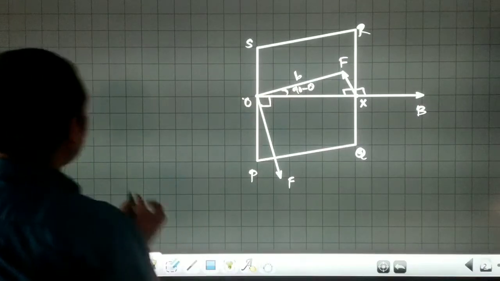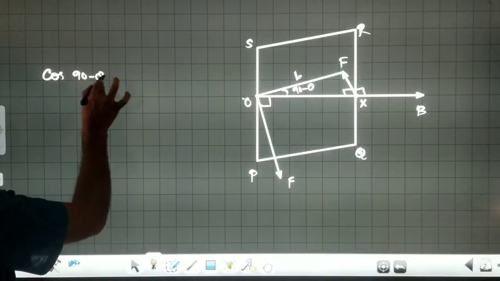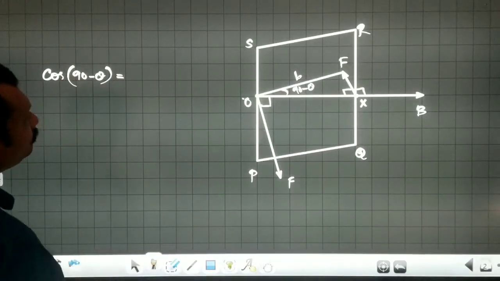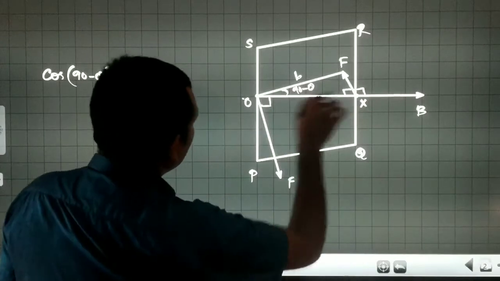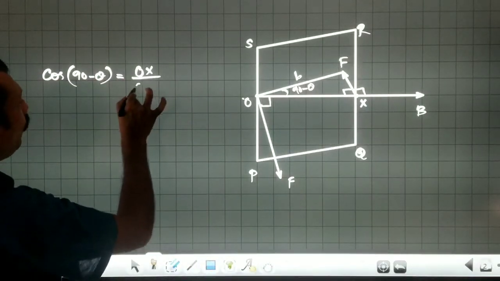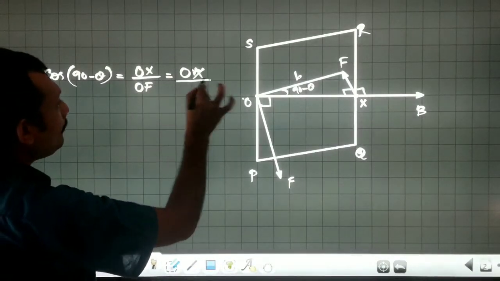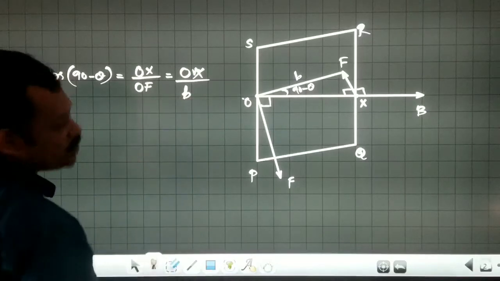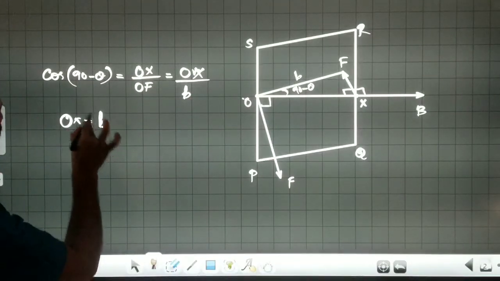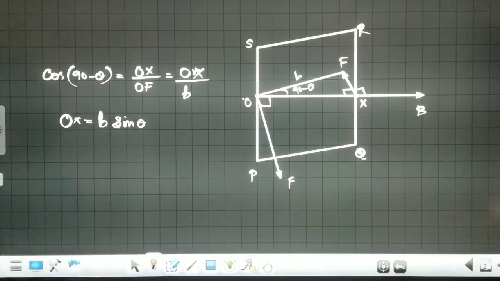This is B. So cos(90 minus theta) is equal to OX divided by OF, which is OX by B. Or OX is equal to B cos(90 minus theta), which is B sin theta.